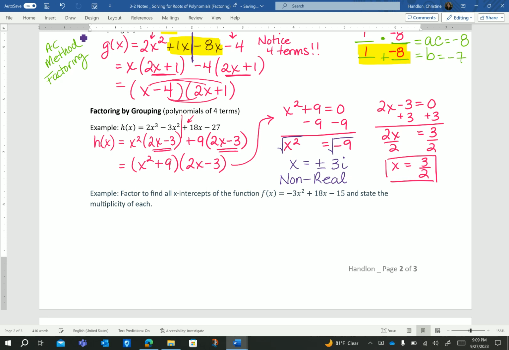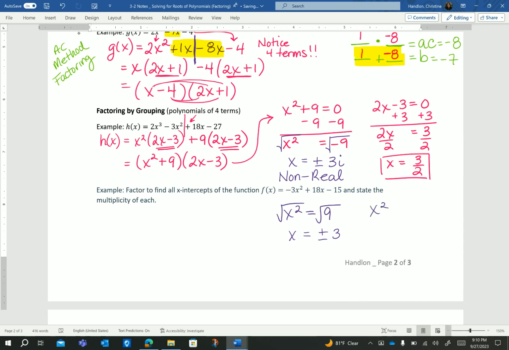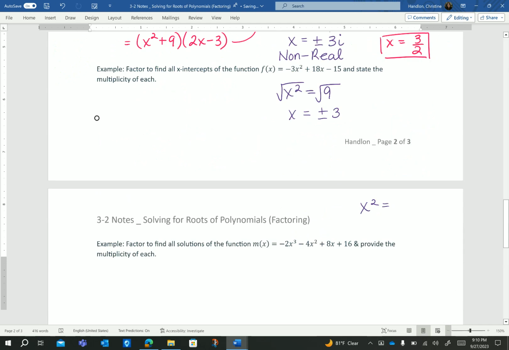But if, for instance, you had ended up with x squared equals 9, and you square root both sides, then x is going to be plus or minus 3. In other words, 3 is an answer, negative 3 is an answer. Same thing like this. X squared equals, how about if it was a number that cannot be square rooted?